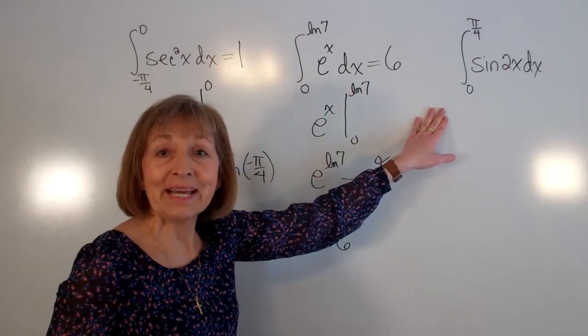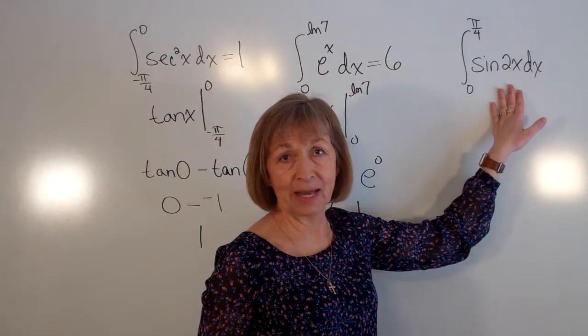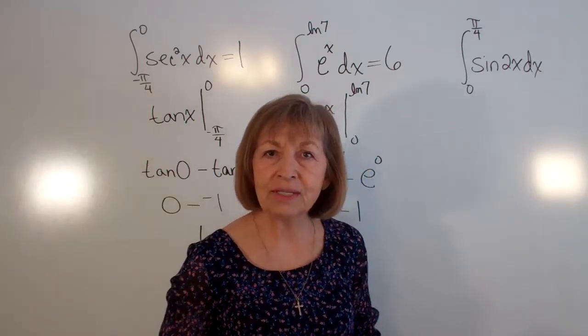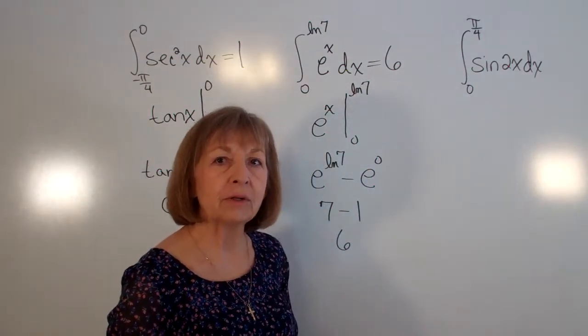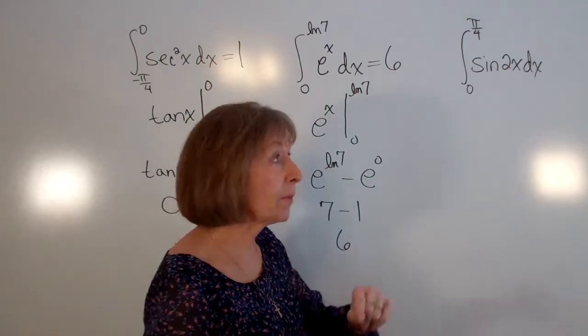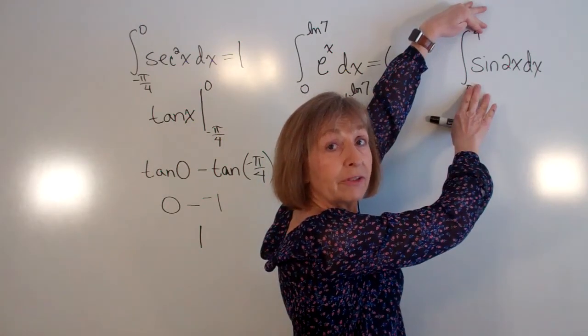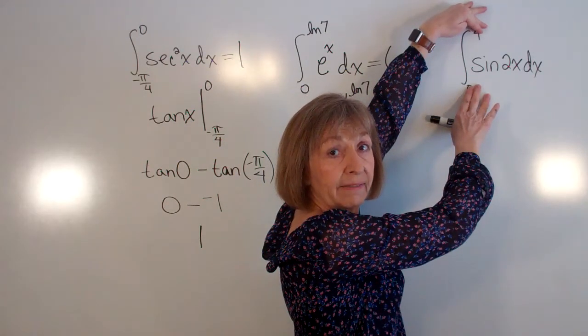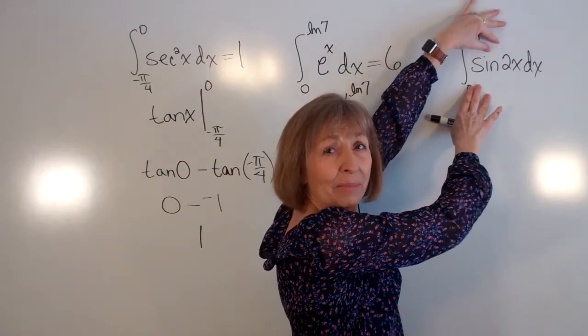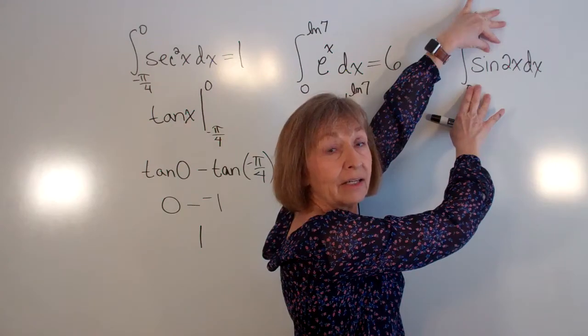Next up, my definite integral from 0 to pi over 4 of sine 2x. Now, this is going to require me to do a little bit of work with a u-substitution. So remember, when I'm looking at an antiderivative for my first stage and then plugging in the numbers, I need to think back to how I would have integrated that with my indefinite integrals.